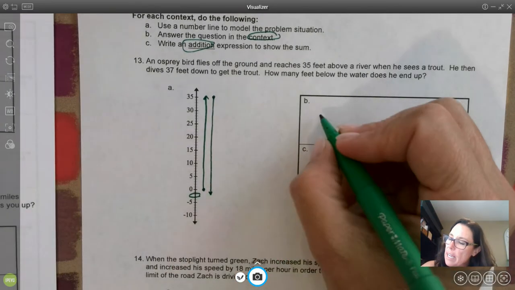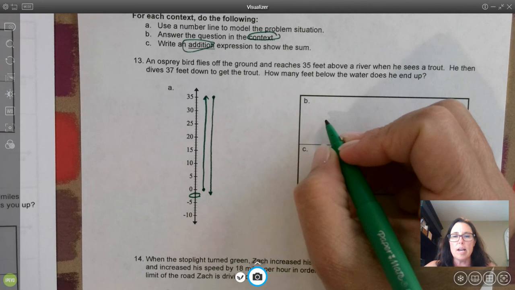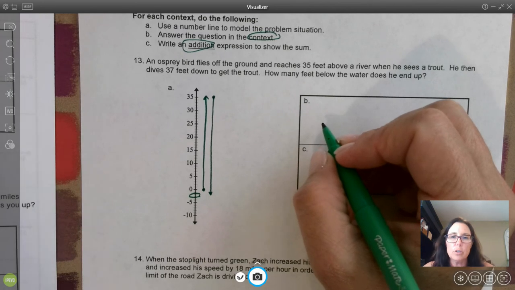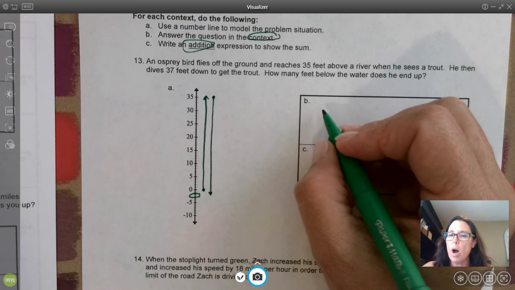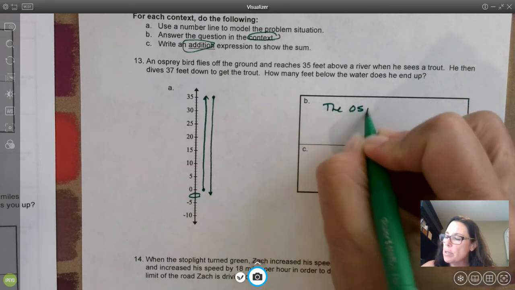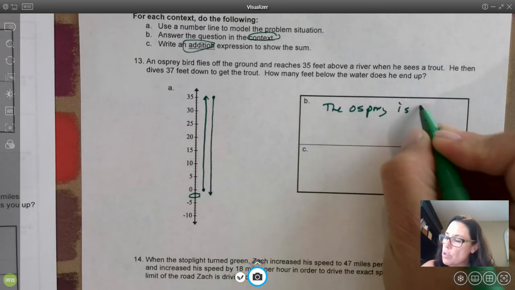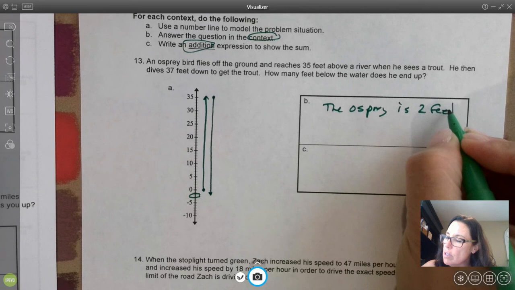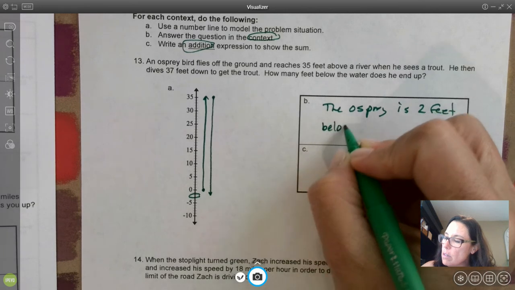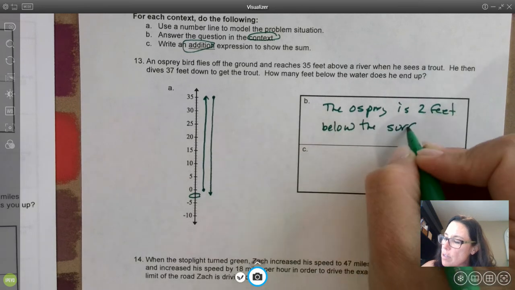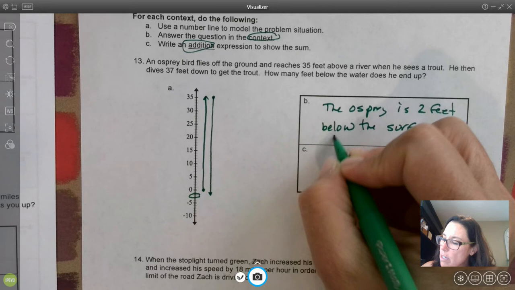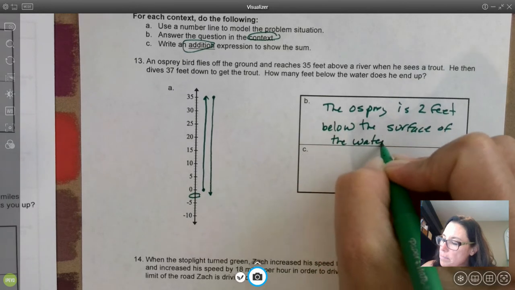Okay, so your answer with the context, you're not going to say the answer is -2. You're going to say the osprey is 2 feet below the surface of the water.